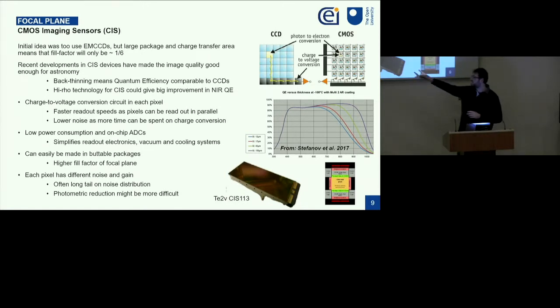There's an example of a large CMOS device here, which can be 3 sides butted, and that means that you can have a much higher fill factor of your focal plane, so you can observe 80-90% of your field of view in one pointing, which will increase the efficiency quite a lot.